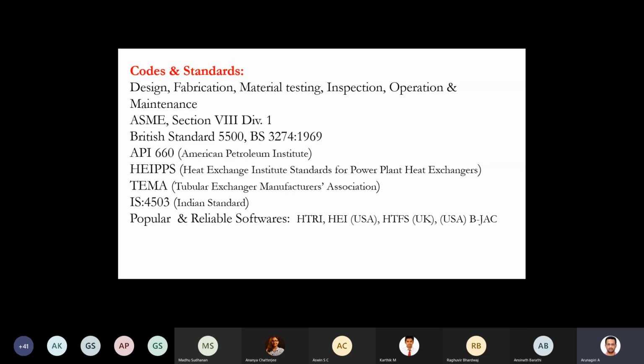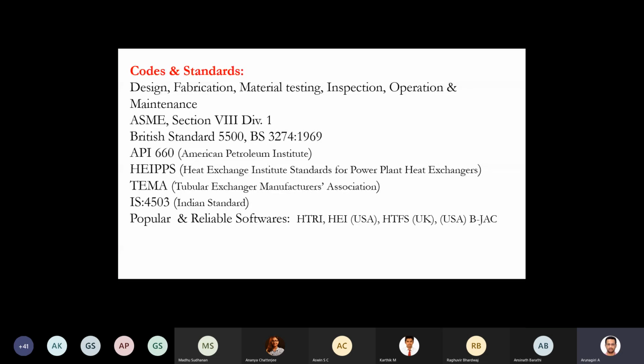Then the codes and standards will provide detail on how to operate a particular equipment, or you can say SOP, standard operating procedure. How to start equipment, how to shut down the equipment, whether a pump, compressor, vessel, or valve, everything will be explained in these codes and standards.